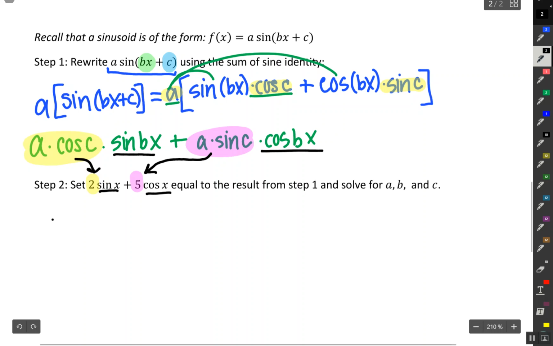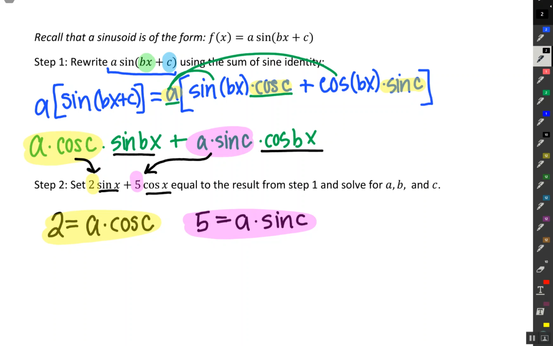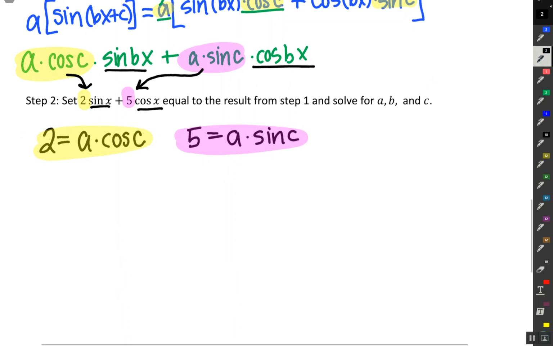All right, so I'm going to take 2 and set it equal to a times the cosine of c. That's this one right here. And then I'm going to do 5 is equal to a times the sine of c. It's the other one. At first you're like, how do you solve for a and c here? Well, it's a system and it's going to be a weird system.